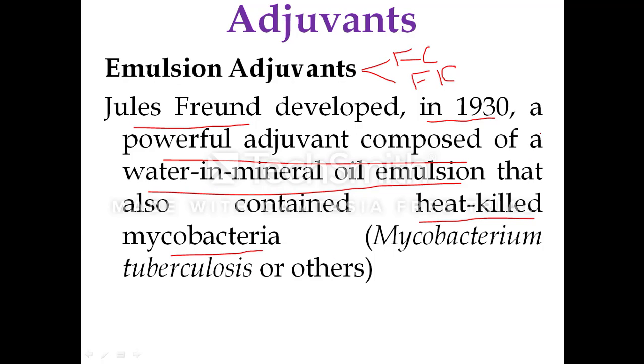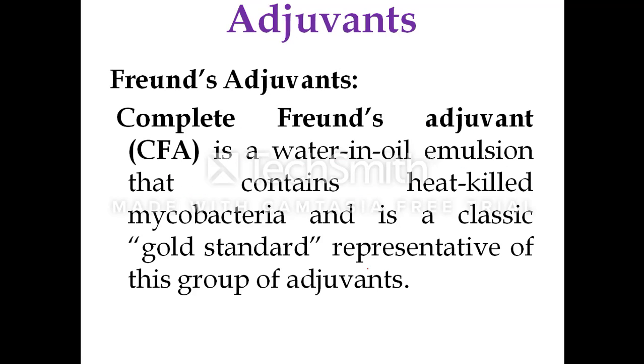So it is a mixture of water in mineral oil emulsion which has the heat-killed Mycobacterium tuberculosis. This was invented by Freund, and this adjuvant is called Freund's complete adjuvant.